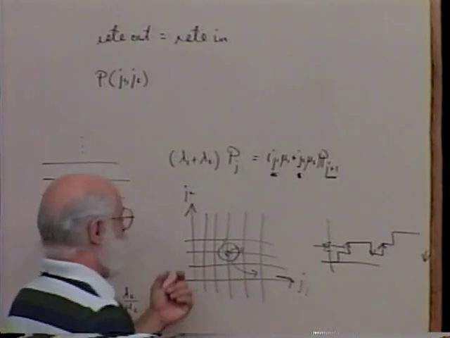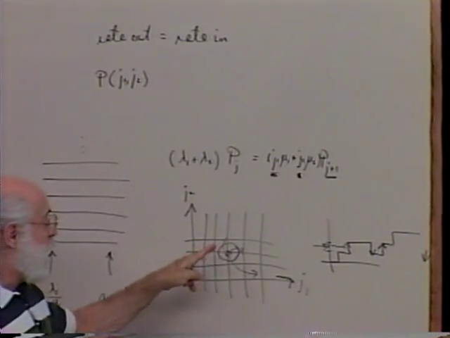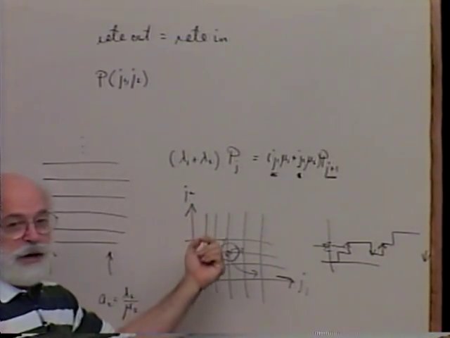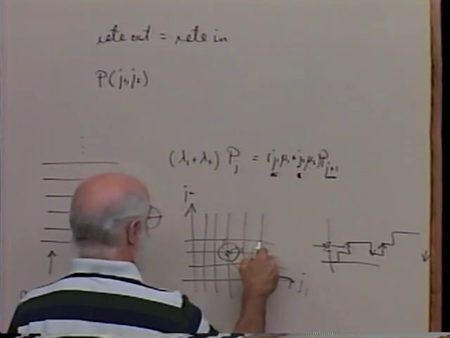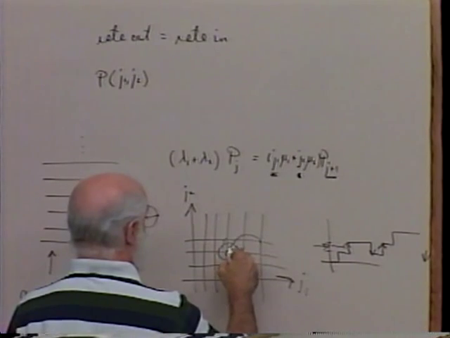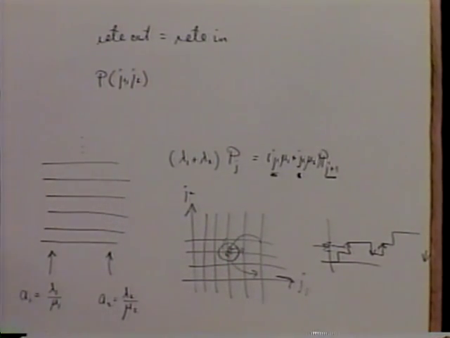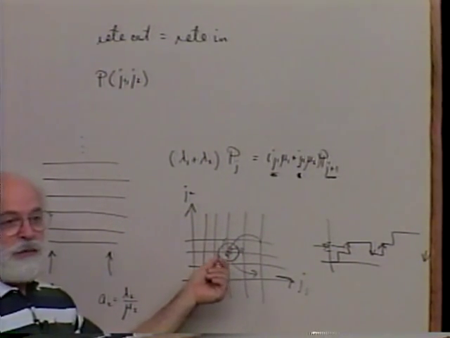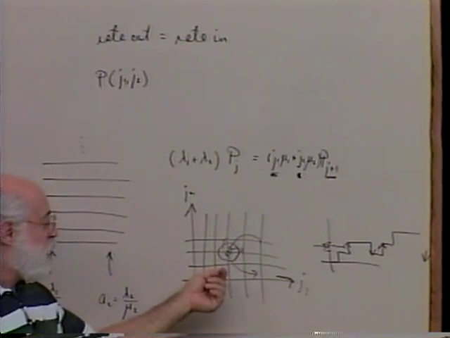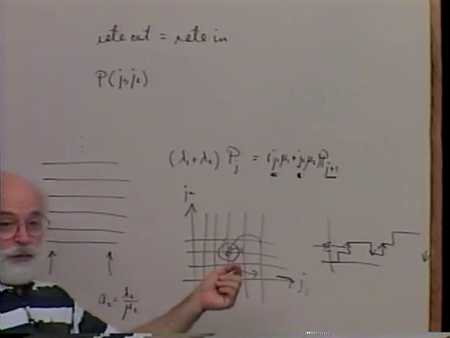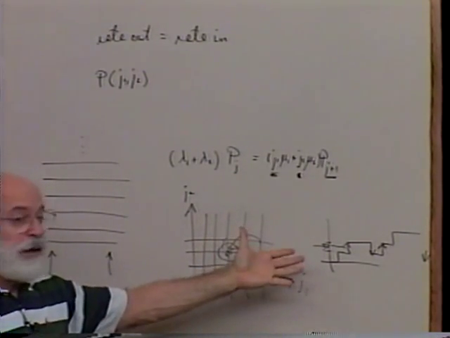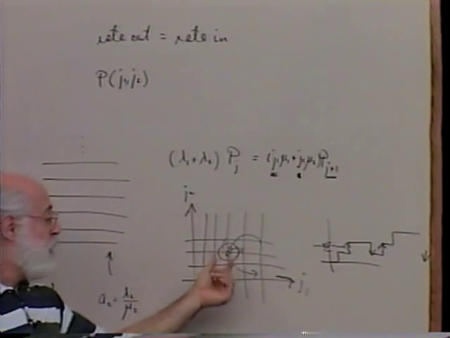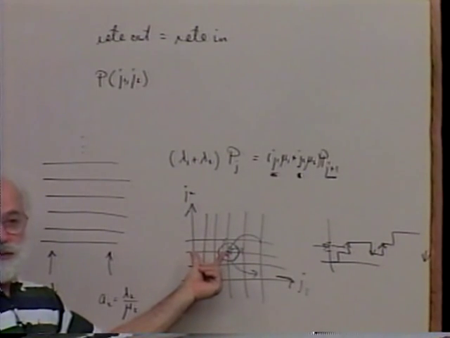So there's a certain flow by which I go across the boundary from inside out. And similarly, there's a flow at which I go across the boundary from outside in. And I say if I watch this over a long period of time, then the number of times that I leave would be approximately equal to the number of times I would jump back in. It's the same idea, except that now I have a two-dimensional picture instead of a one-dimensional picture.